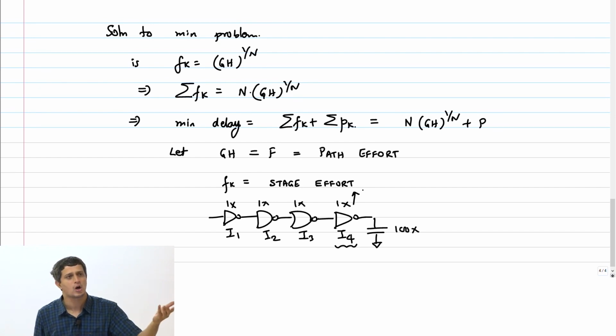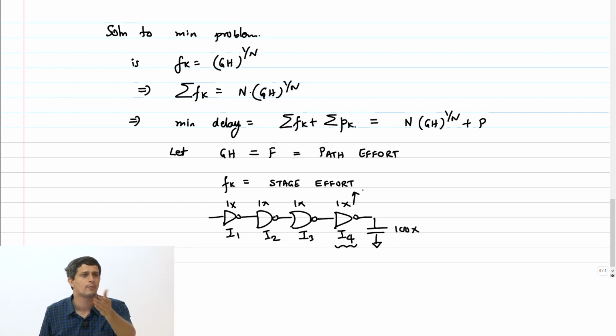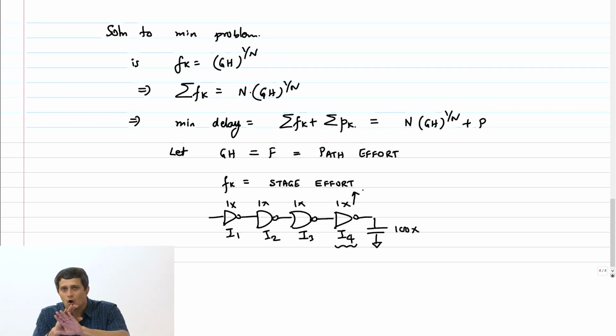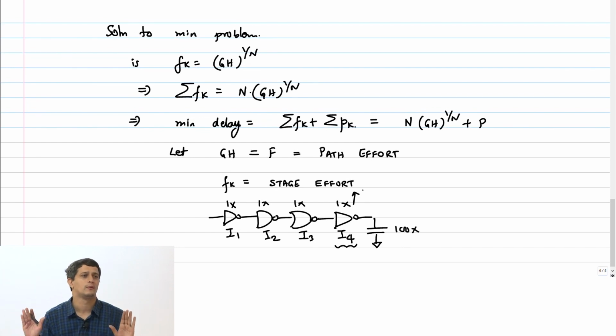Now the other gates are not doing any work. They are charging unit capacitances of whatever gate they see. Right? The idea is to split this effort across all the gates uniformly. The result is telling us that the stage effort, which is the product of the logical effort and electrical effort, should be the same for all the gates. Then your delay will be minimum.